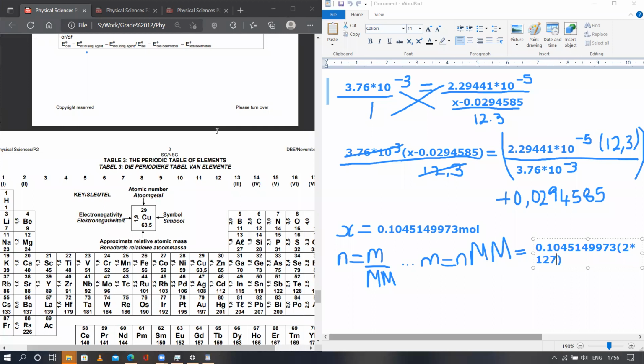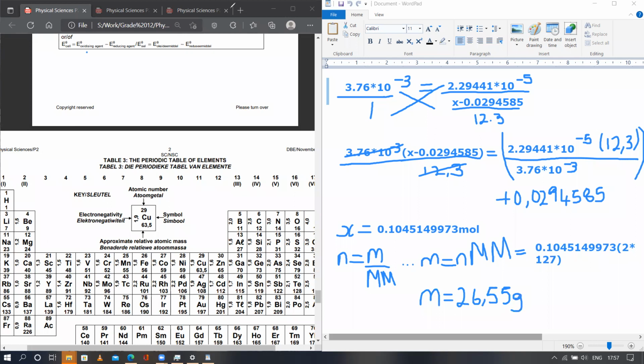So your final answer, your mass, is gonna be 26.55 grams.